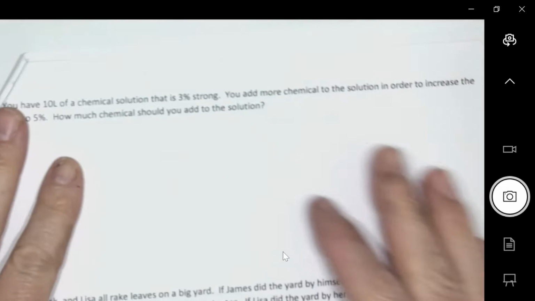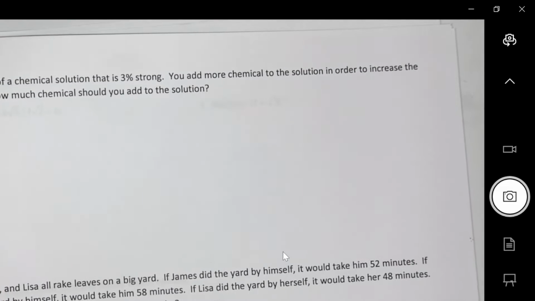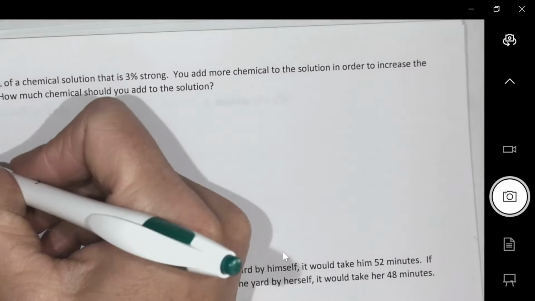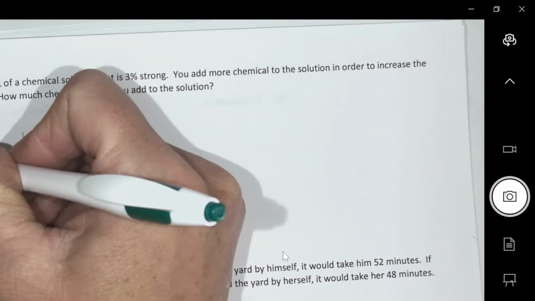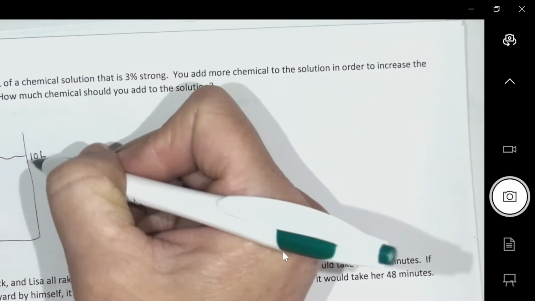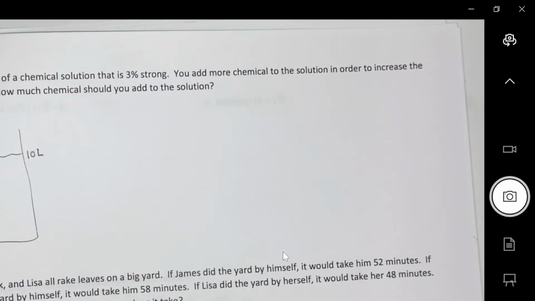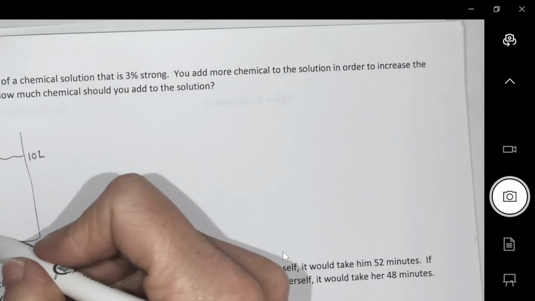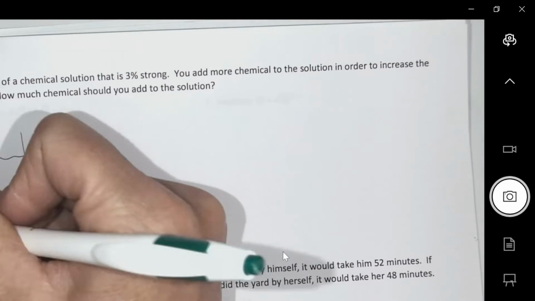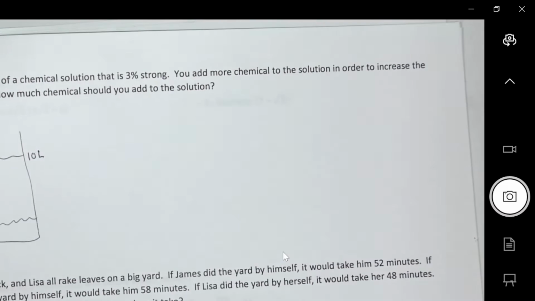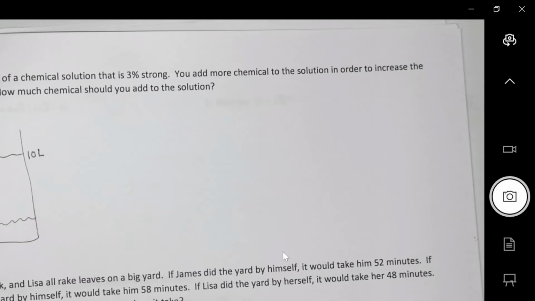Okay, rational word problems. Okay, you have a 10-liter solution, so there's already chemical in here. There's already chemical in there.